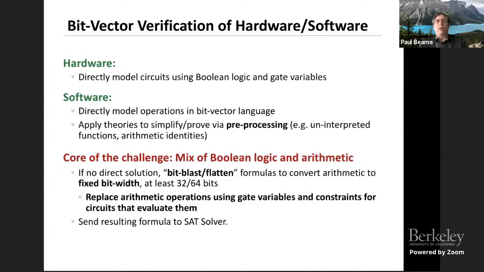We have these arithmetic operations that are supposed to do addition, multiplication, and so on, but you only have Boolean variables now. So what you do is you pick some circuit that evaluates that property, and you add gate variables and constraints for that circuit in order to evaluate it. Now the entire result is a Boolean formula, and you send that, say, to a SAT solver. So that's the general approach.